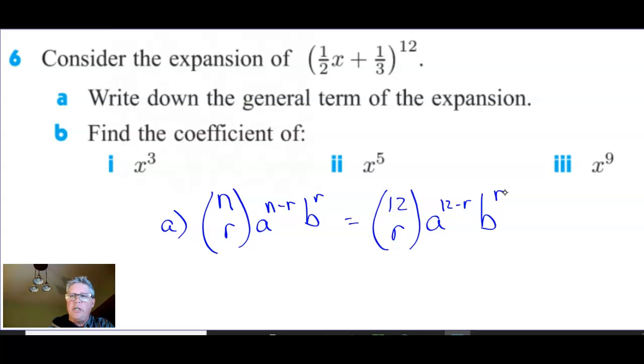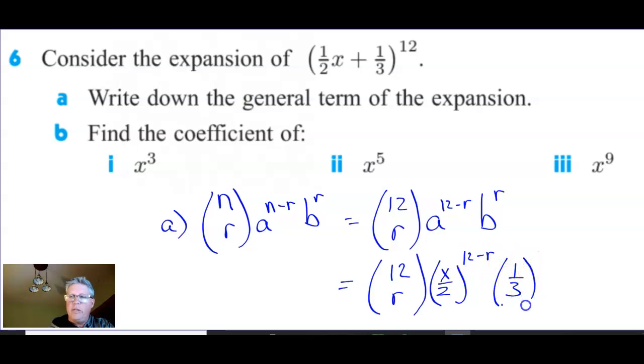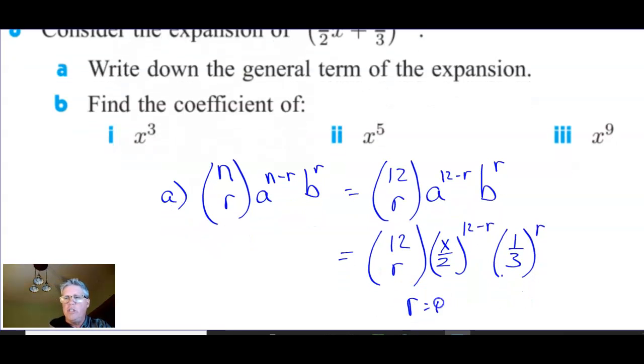Oh, darn it, I shouldn't have used a, so I'll do one more step. 12 choose r, a is x over 2 to the 12 minus r, and 1/3 to the r. That's your general term. r can be values from 0, 1, 2, all the way up to 12.